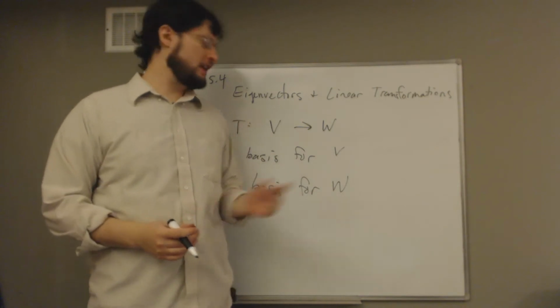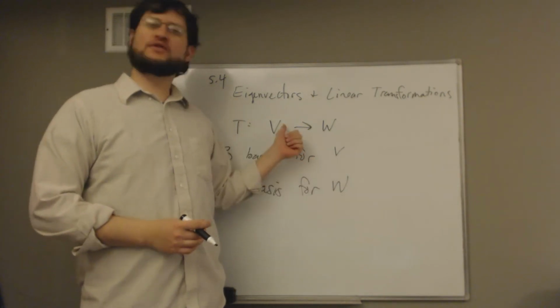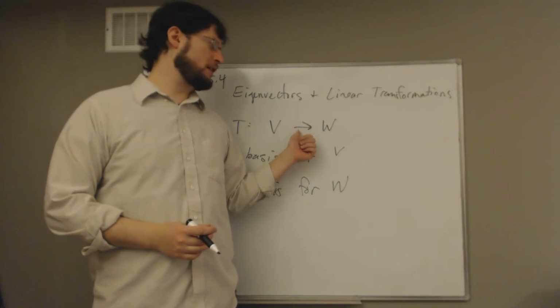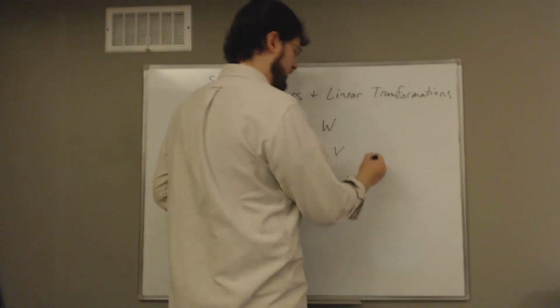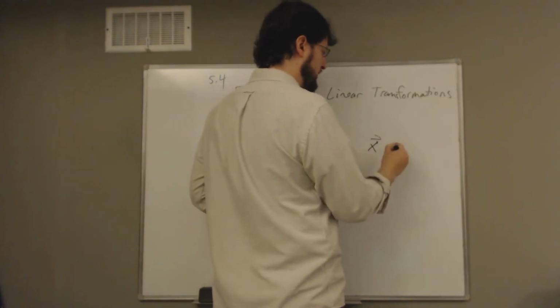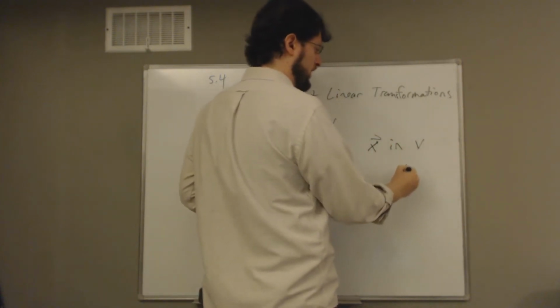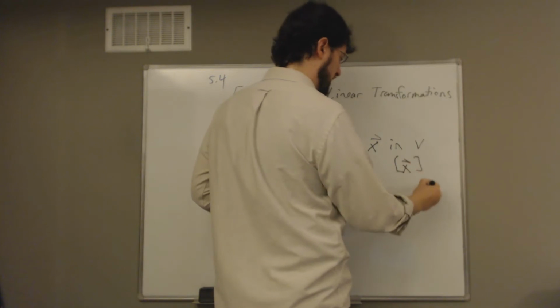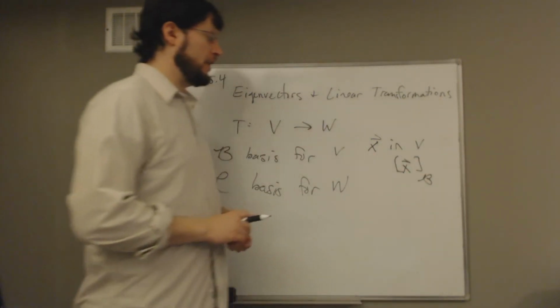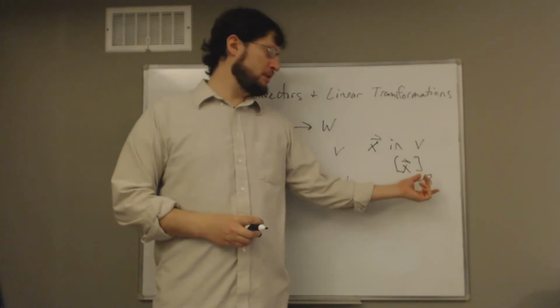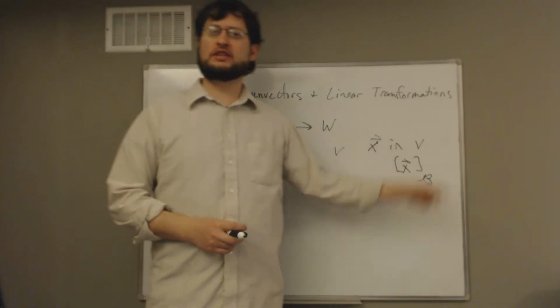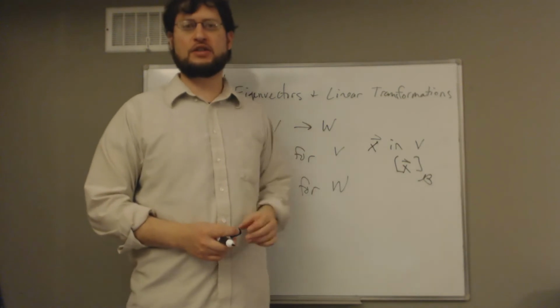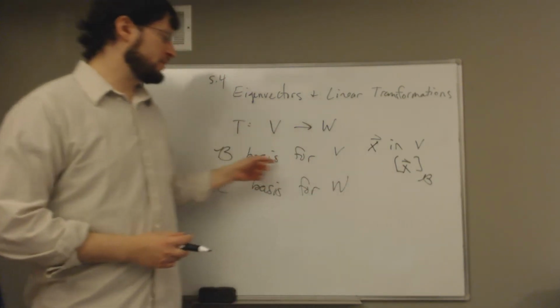Remember that a basis is a linearly independent spanning set, and once we have a basis, each vector X has a corresponding set of coordinates. So for X in V, I can write the coordinates of X relative to the basis B. This is just an element of Rn, where n is the dimension of V. It's just a list of numbers, the scaling factor on each of the basis elements.